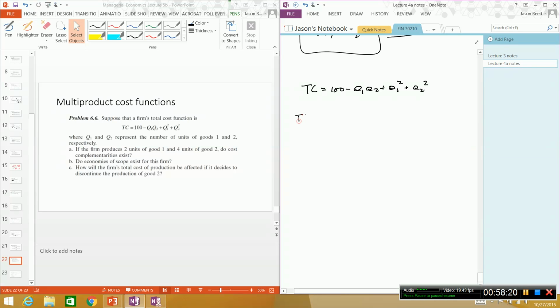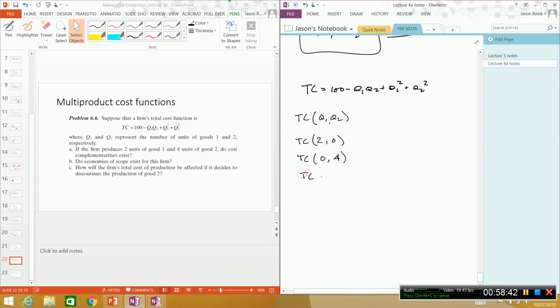We have total cost, and we have Q1 and Q2. To look at cost complementarities, we want to see what the total cost is when we produce 2 units of good 1 and no units of good 2. We want to know the cost when we produce no units of good 1 and 4 units of good 2.